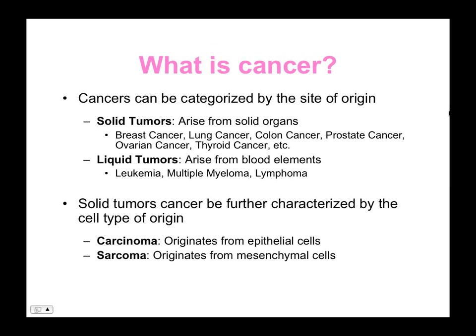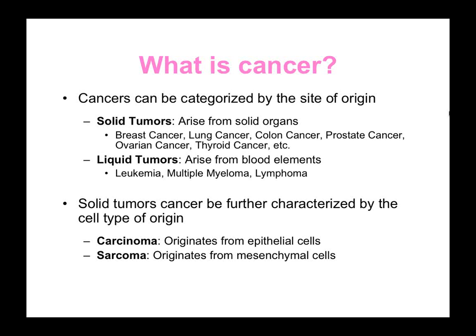There are a number of ways that you can think about categorizing tumors, and first is by the site of origin. Sometimes you'll hear tumors described as either solid tumors or liquid tumors. That's one big separation in terms of types of cancers.